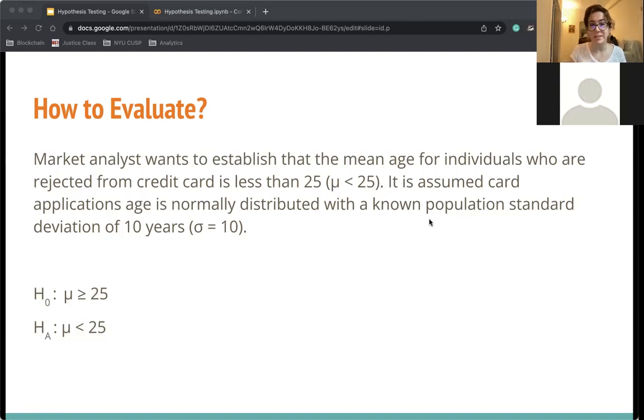And this market analyst is curious if the mean age is actually different than this, and actually specifically less than 25. So this is the framework we would use, where we would collect a random sample of applicants and see what the average age is of the applicants who get rejected.